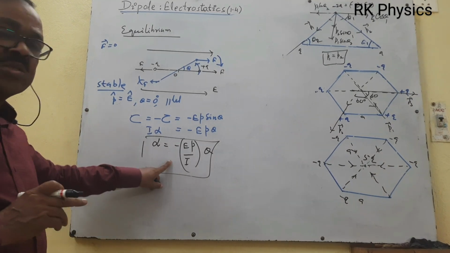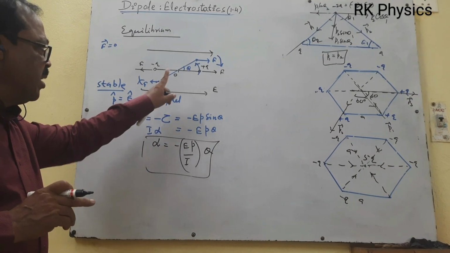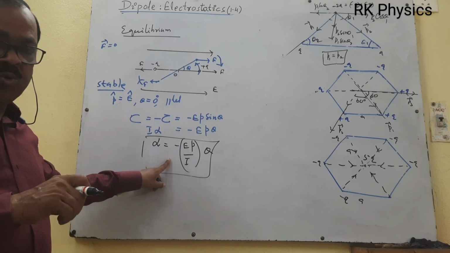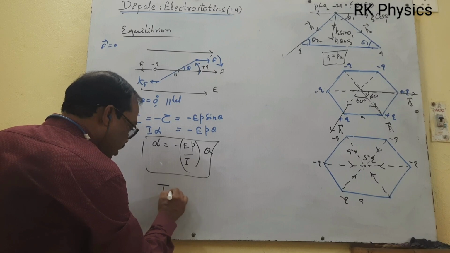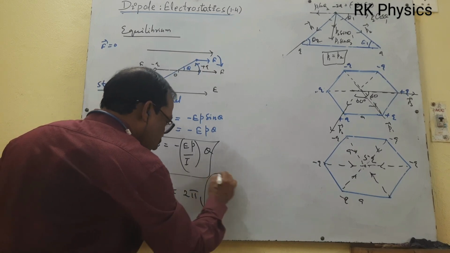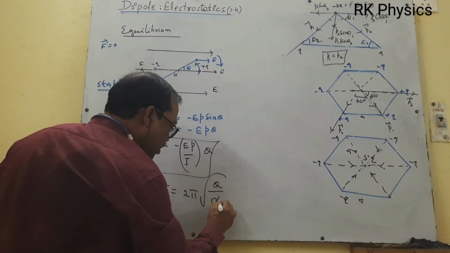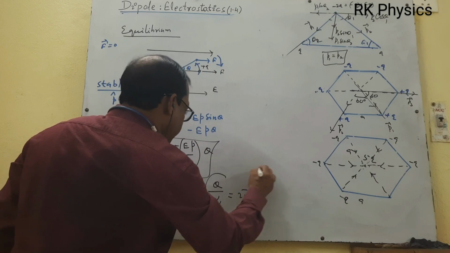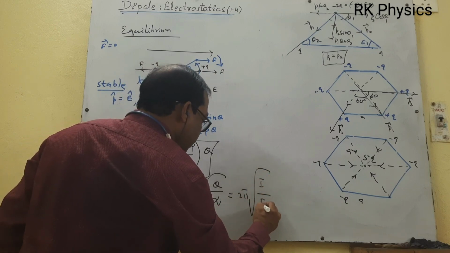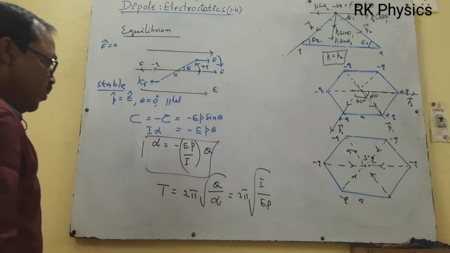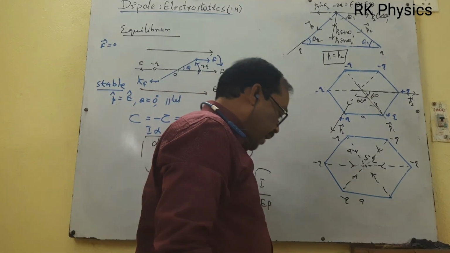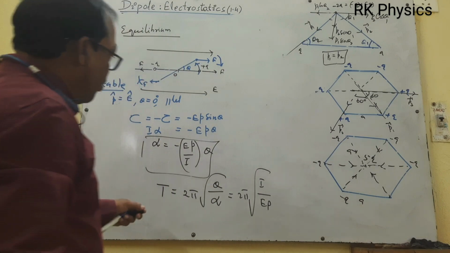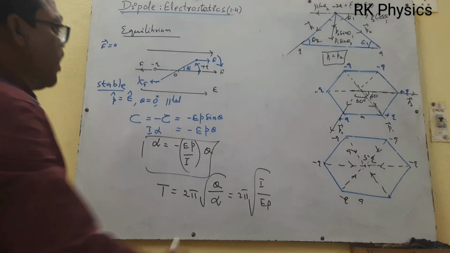Therefore, this is the equation of simple harmonic motion. Any motion that obeys this equation is called simple harmonic. If it is simple harmonic, then T equals 2 pi root over displacement divided by acceleration, so 2 pi root over I divided by EP. Okay, T equals 2 pi root over I divided by EP. So using this formula, you can calculate.